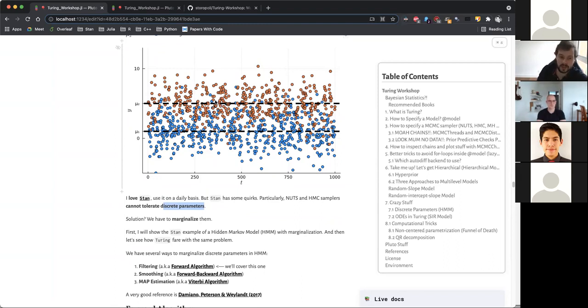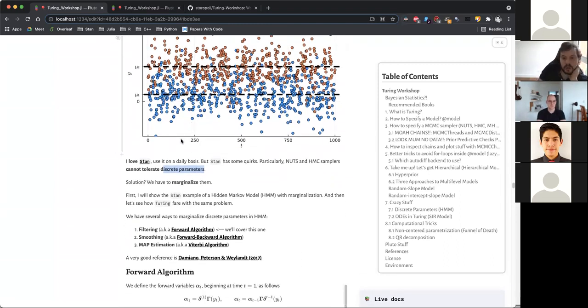I will show how we would code this in Stan using marginalization, and then let's see how you would do it differently in Turing. There are several ways to deal with a hidden Markov model if you want to marginalize out your parameters.